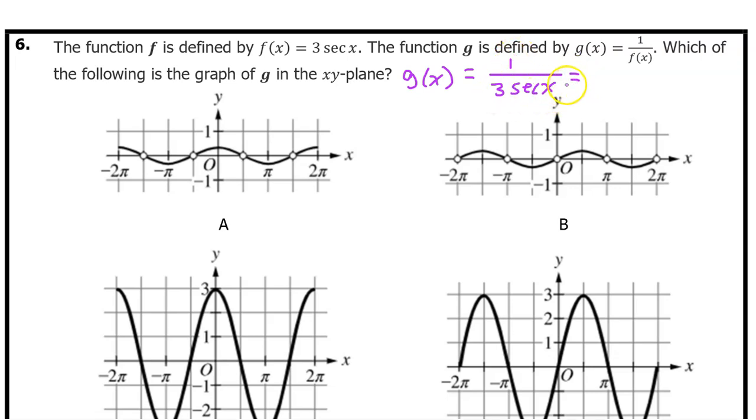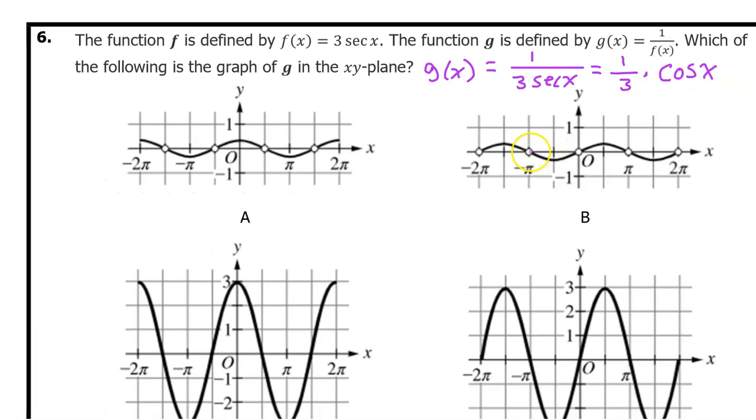Let's split this apart. So g of x is equal to 1/3 times 1 over secant x. The reciprocal of secant is cosine. So 1 over secant x is cosine x. So except for some undefined values, we are looking for the graph of 1/3 cosine x.